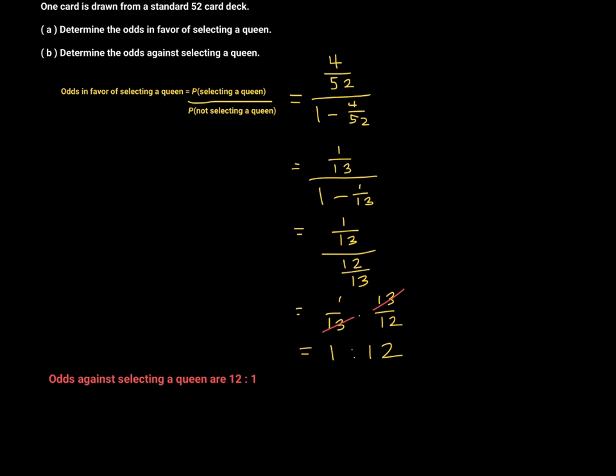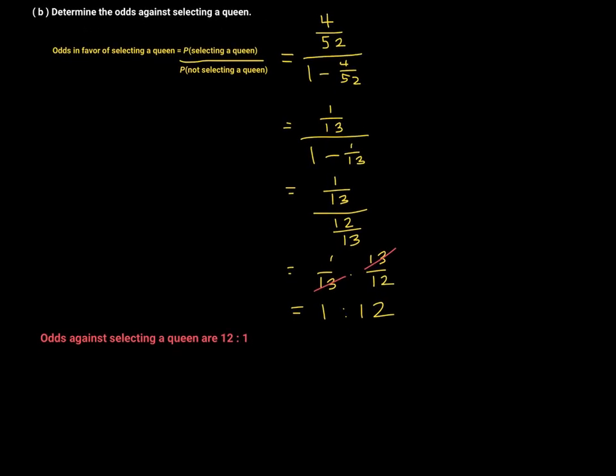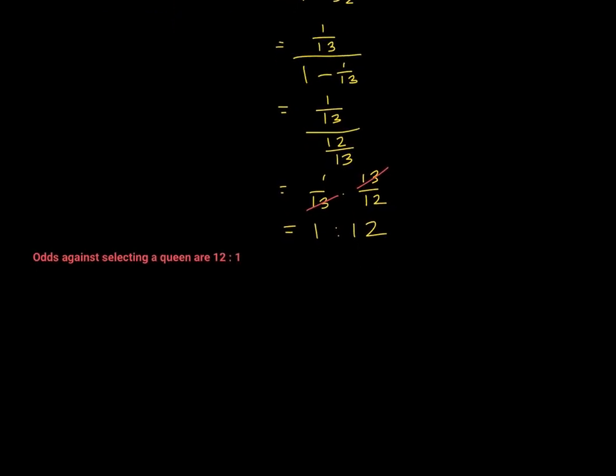So we're done with this problem. I'm going to make a statement here, and I think it's really good for your notes. If the odds against an event are A to B, then the odds in favor of the event are B to A. So it's just opposite, all right? That should save us some time.